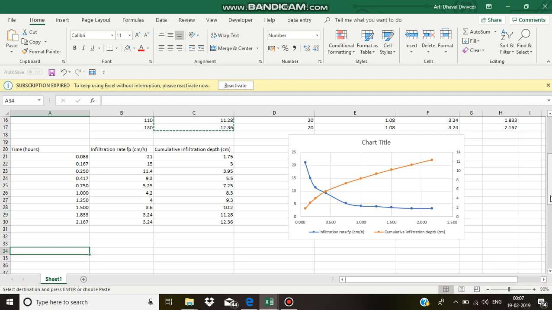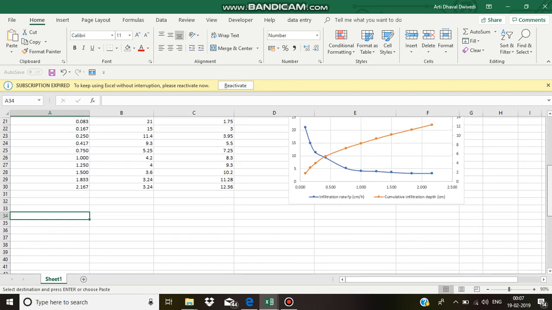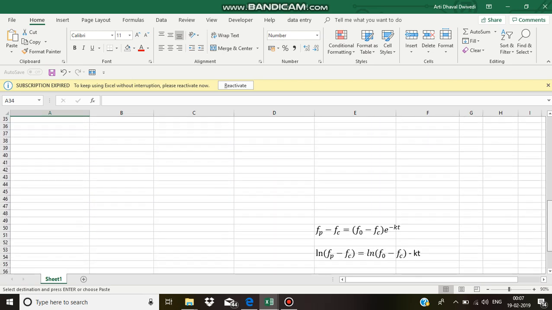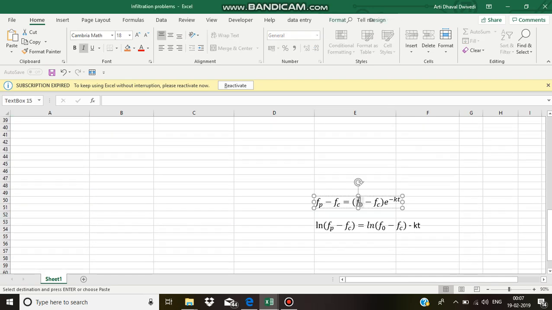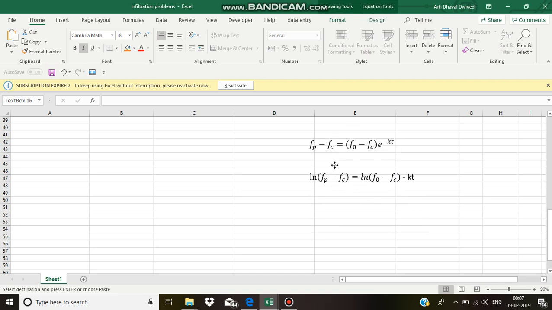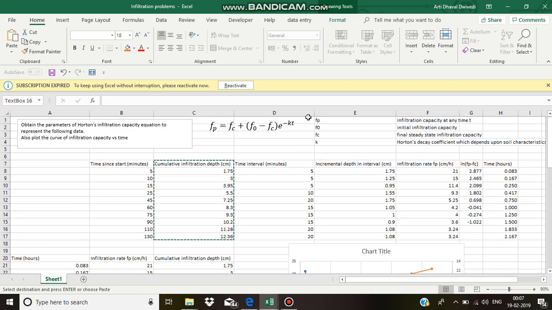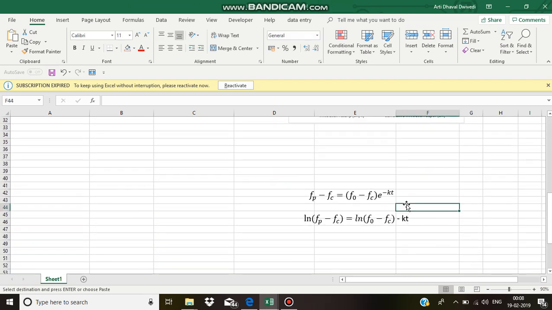Now let us obtain the parameters. Now to obtain the parameters of Horton's infiltration equation, we'll need to carry out some initial procedure. From this equation, Fp minus Fc is equal to F0 minus Fc into e raised to minus kT, taking a log on both sides.